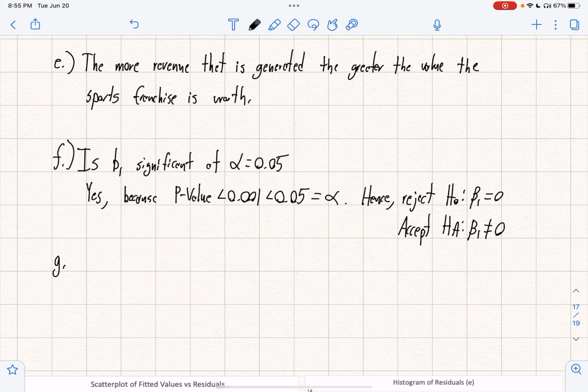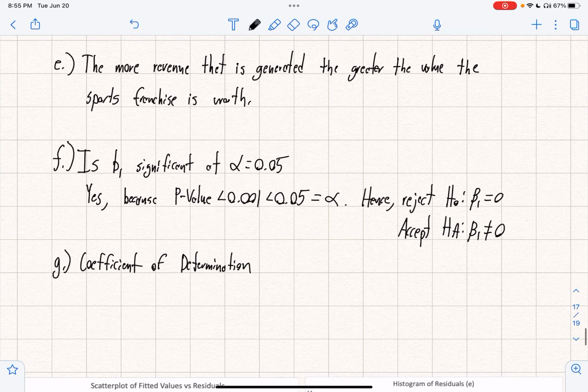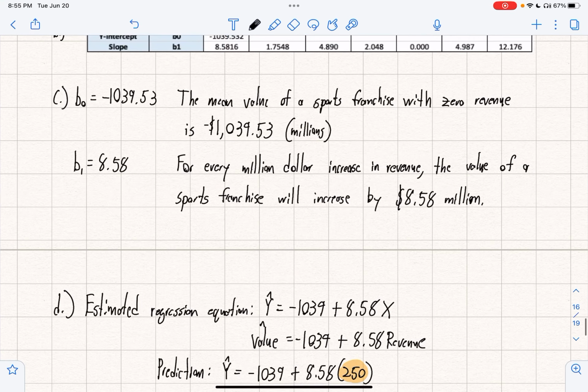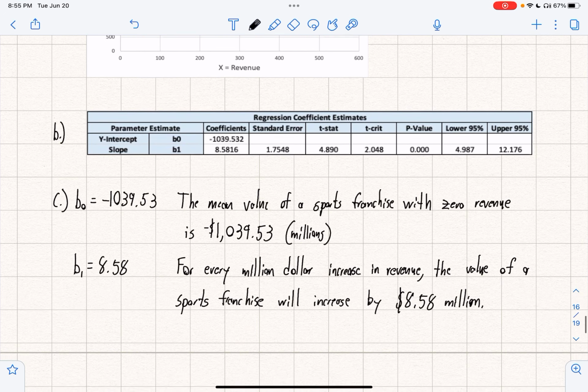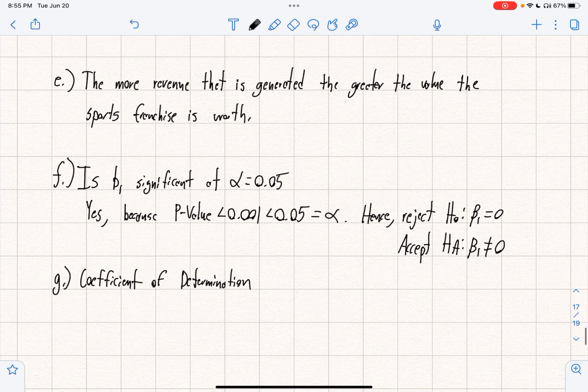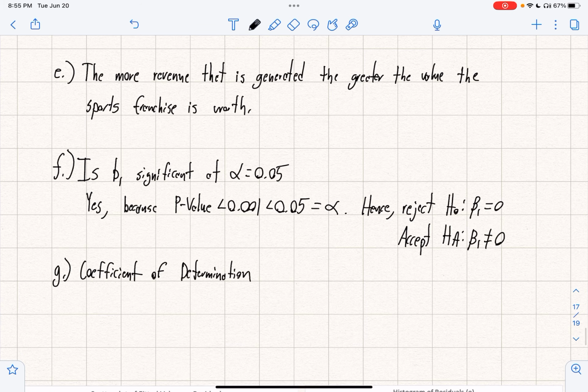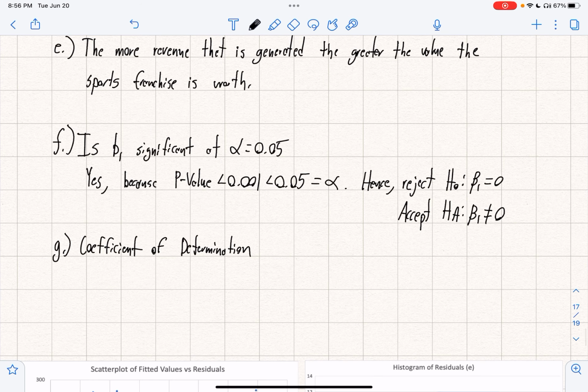Okay, let's do the coefficient of determination. So do I have that listed up here? No. Okay, that's fine. I have it in our Excel, so we'll calculate this.